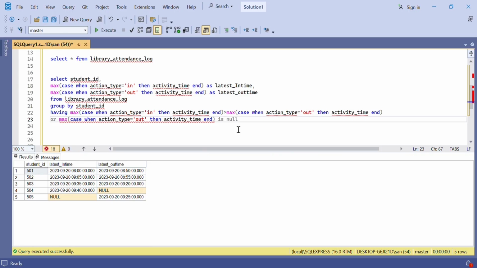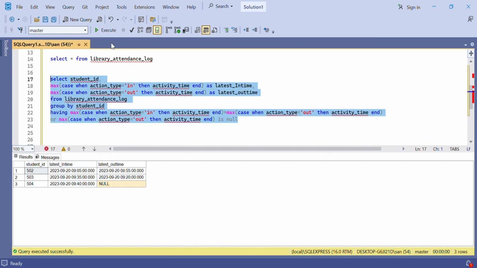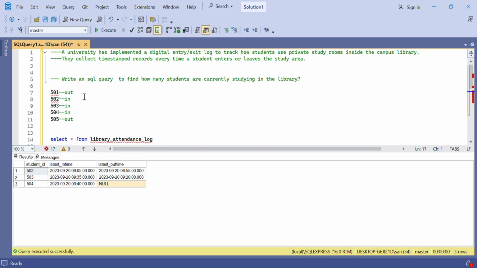And when we run this one, you can see students 502, 503, and 504.